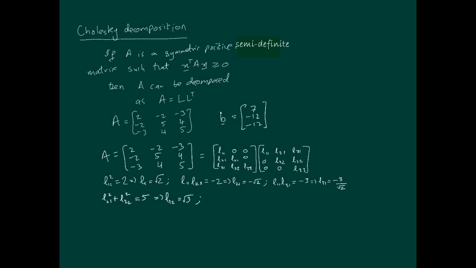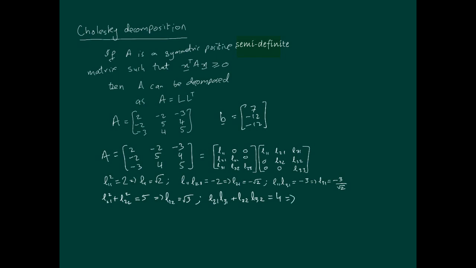So that's found. Next, we'll move to the next one, which is going to give us L21 L31 plus L22 L32. That's a new one, so we'll write that down: L21 L31 plus L22 L32, and that should be equal to 4, of course.